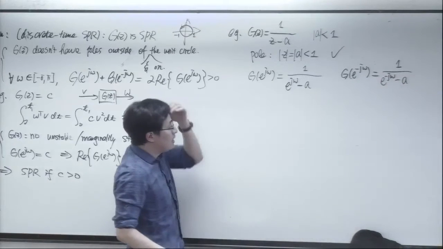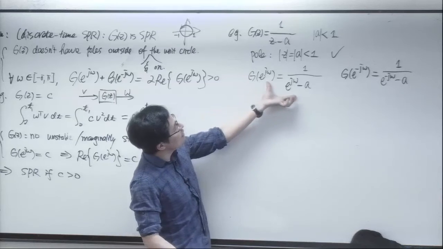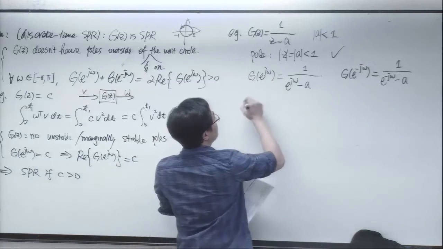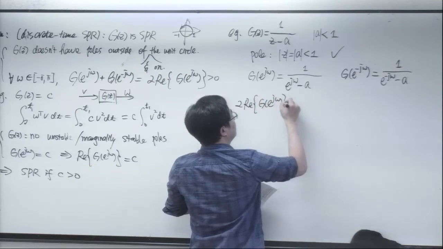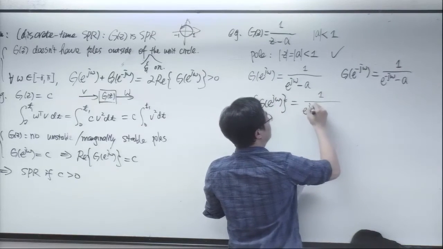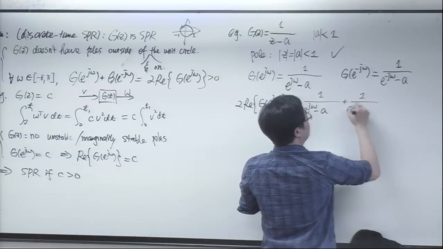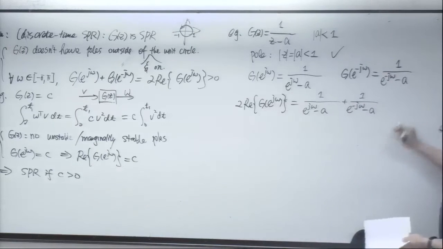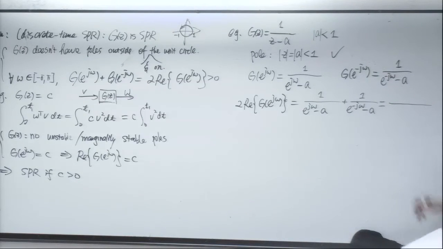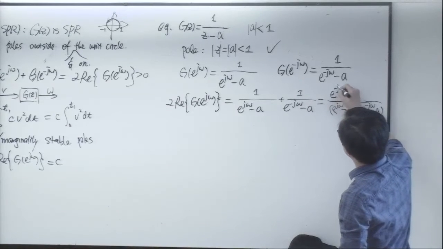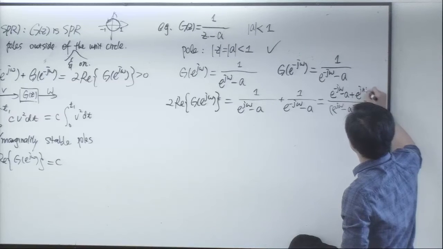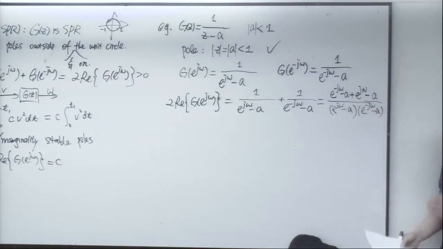So to check, let's add G(e^jω) with its complex conjugate and obtain, after just some minor calculations, the denominator and then the numerator, which is e^(-jω) minus A plus e^(jω) minus A. All right?